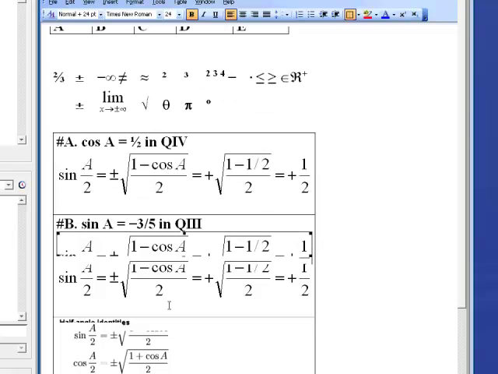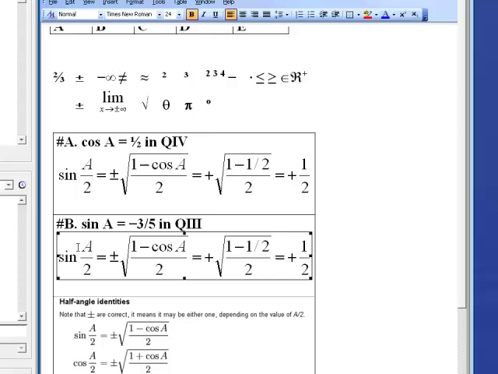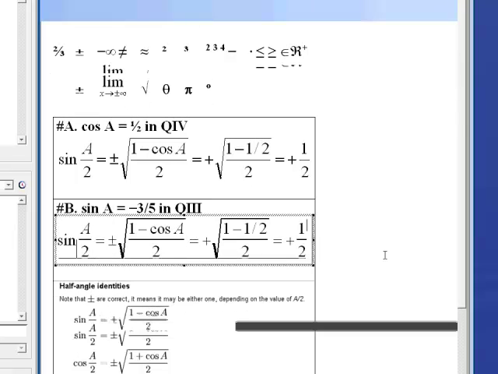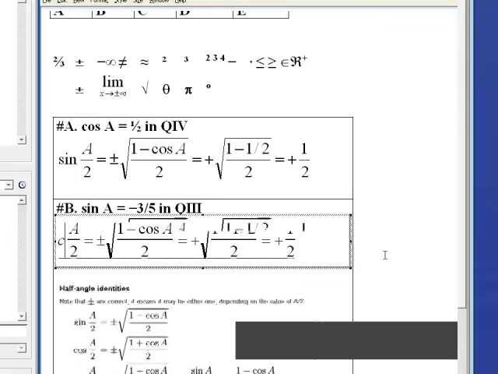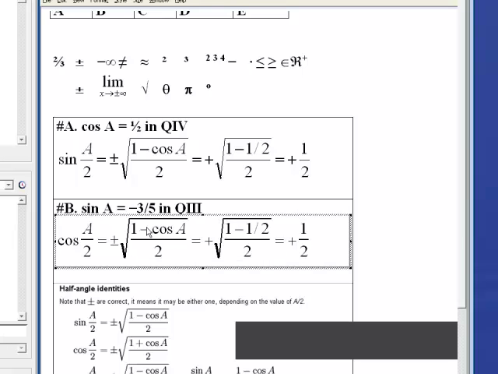So this time around, we're supposed to figure out what cosine A over 2 is, which of course comes out to a square root of 1 plus cosine A over 2. Let's see, I actually have to think because I don't have the sine A over 2 given in here, so what am I going to do with this one here?